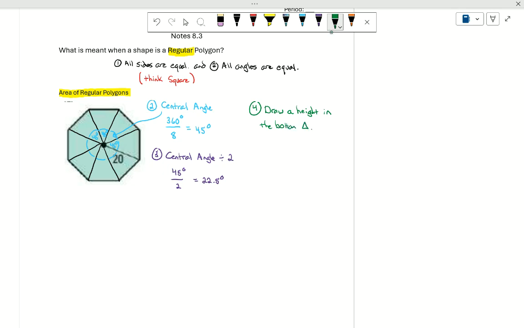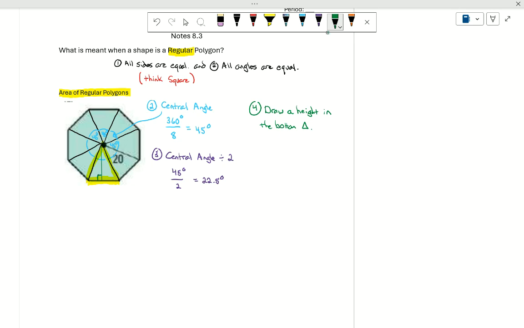So you're going to go down to the triangle that's at the very bottom of your shape, which is the triangle that I am highlighting in yellow. And you're going to draw a height in that triangle. So how do you draw a height? You go from the highest point, which is the center of your polygon, and then you draw a line going straight down. And when it touches the bottom or the base, you create a right angle there.